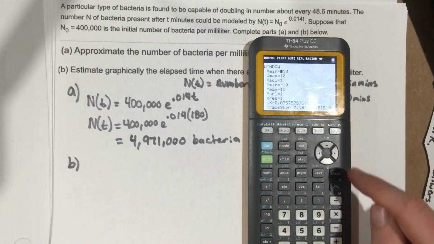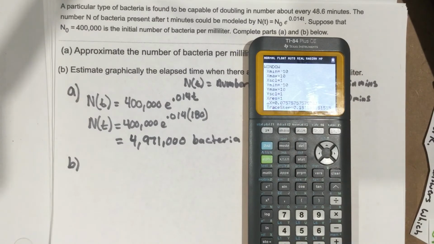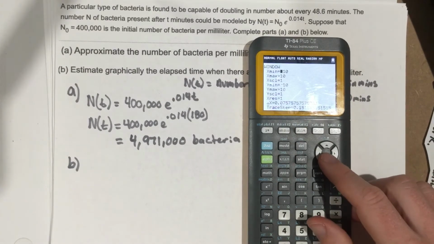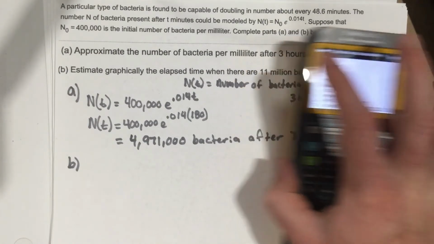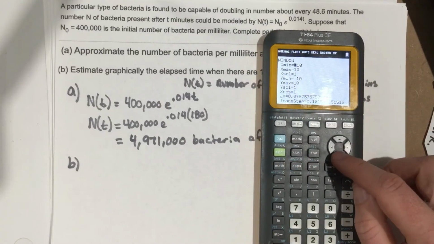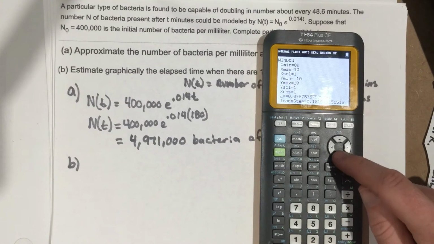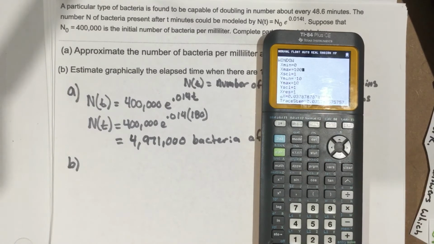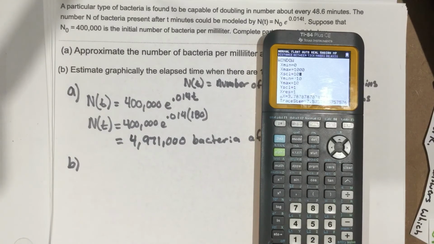Now I want to make sure my window's set properly. They're talking 11 million. So we want to go to our x values. Our x values probably need to go, I'm going to delete this and say 0 to 1,000 minutes. I think that should be enough. And then we're going to go up by 100.